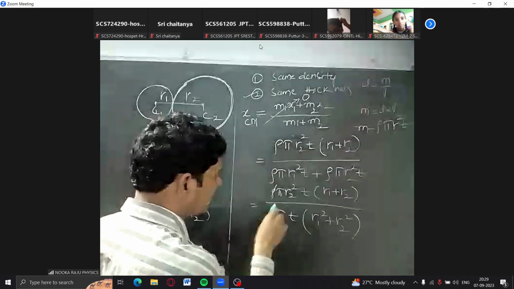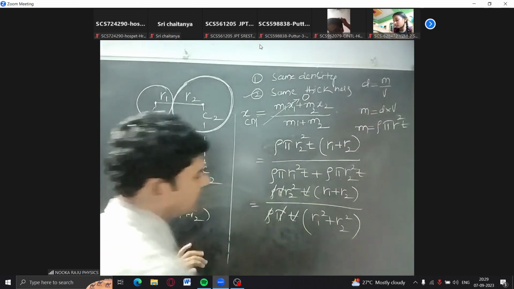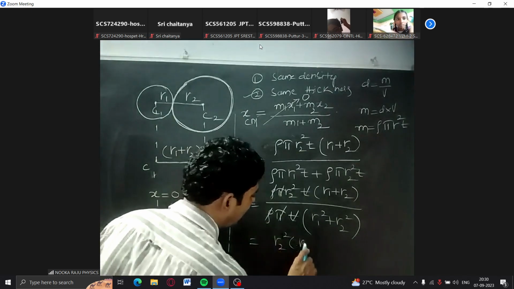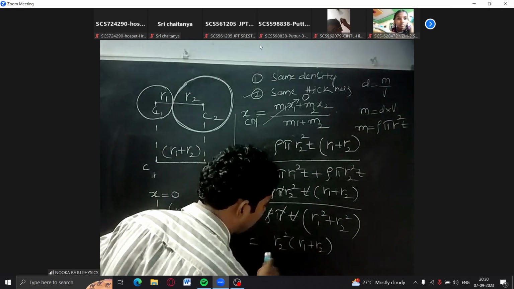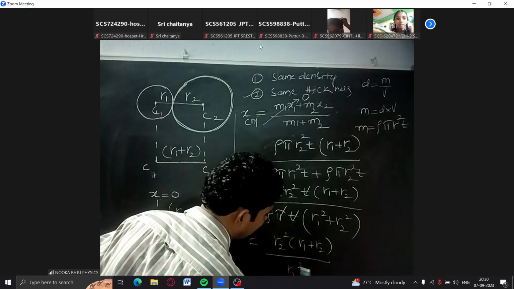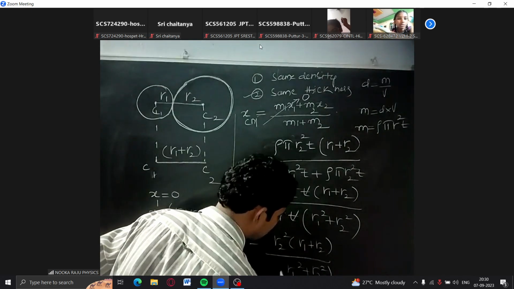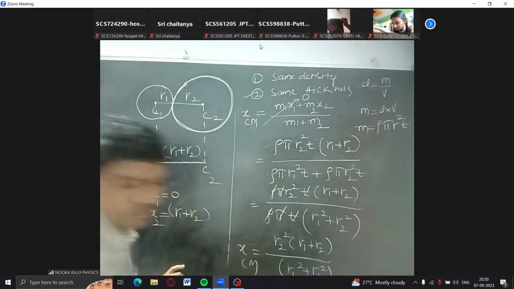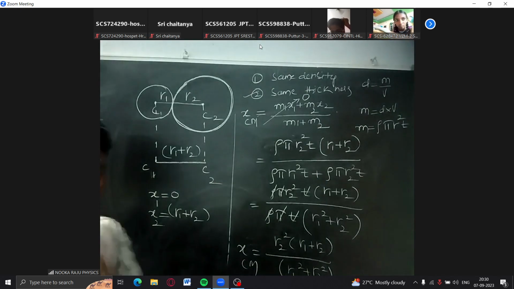Rho, pi and T cancel. The final answer is R2 square into R1 plus R2 by R1 square plus R2 square. This is the answer. Please write it up.